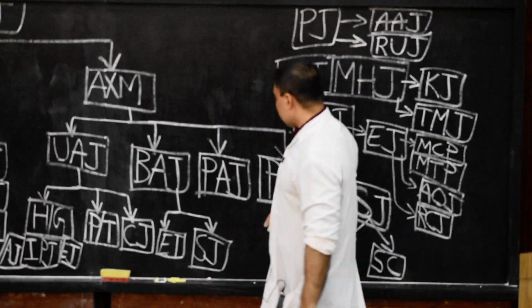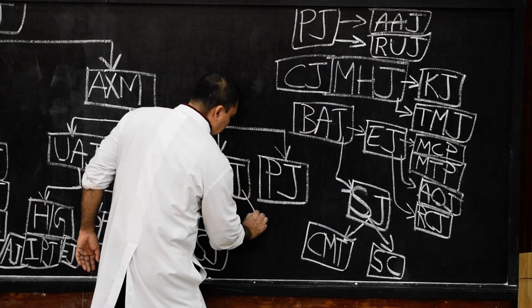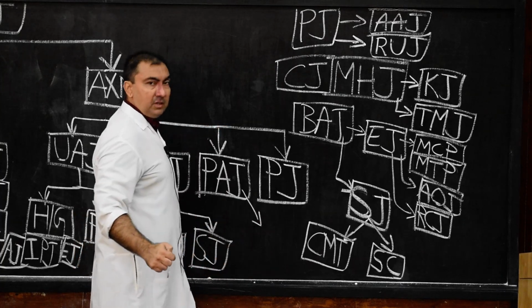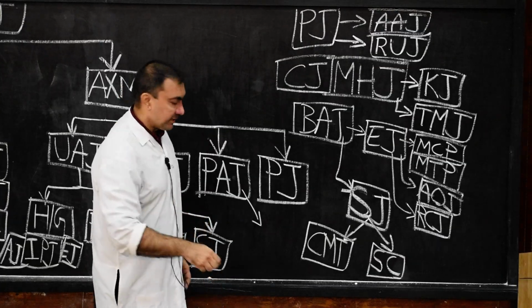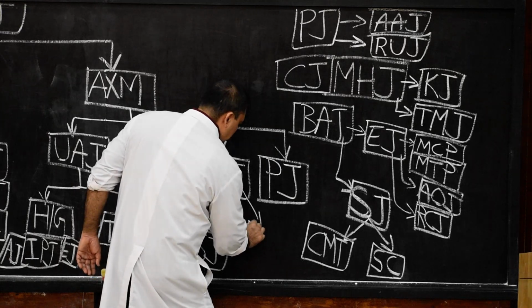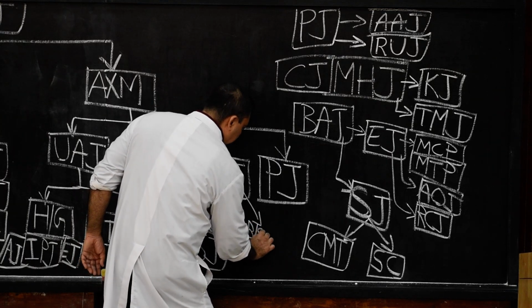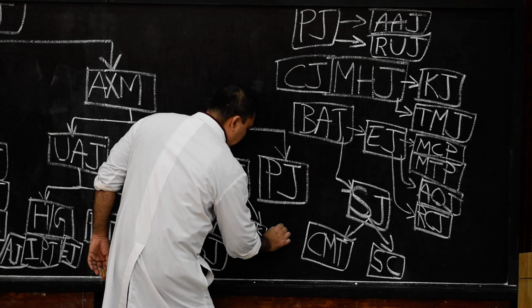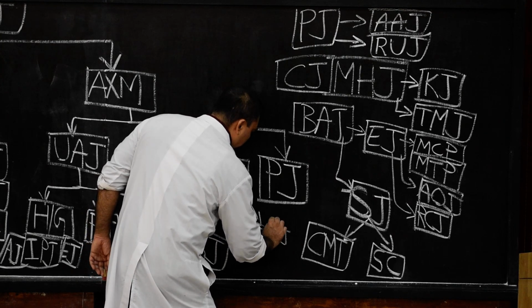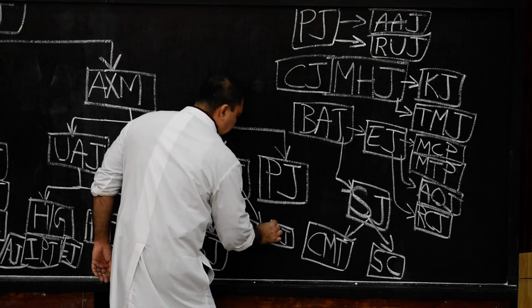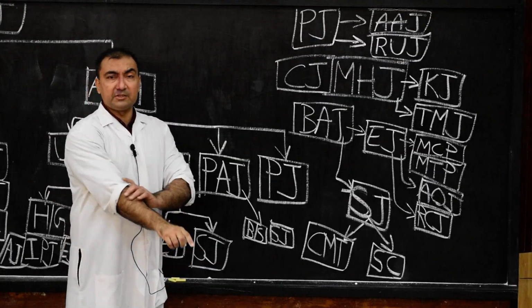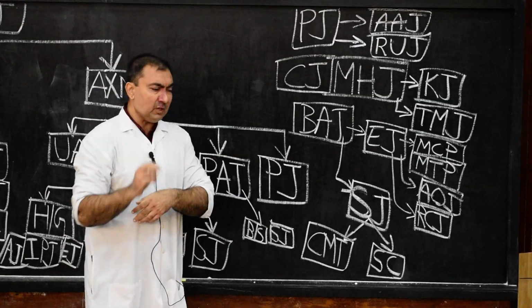Polyaxial joints are also known as ball and socket variety or spheroidal joints. So here you can write down ball and socket variety, or spheroidal joints. Why are they called ball and socket?